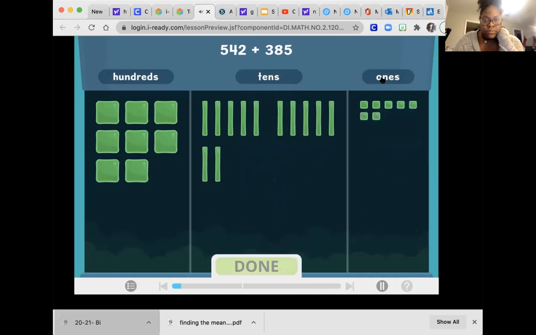Now the blocks are all together. If you have 10 ones, make a 10. If you have 10 tens, make 100. Then tap done. Okay, so let's look here.